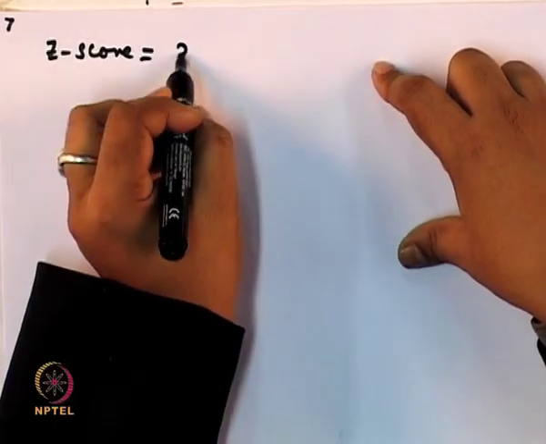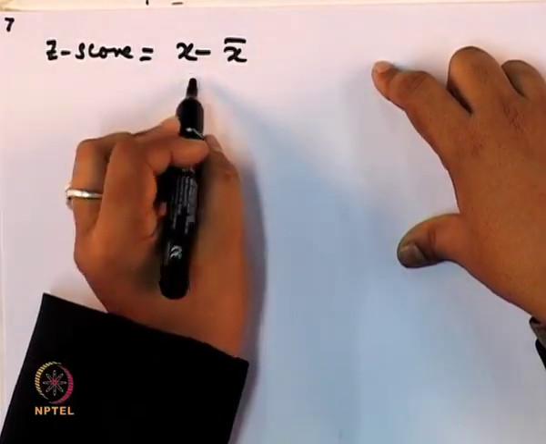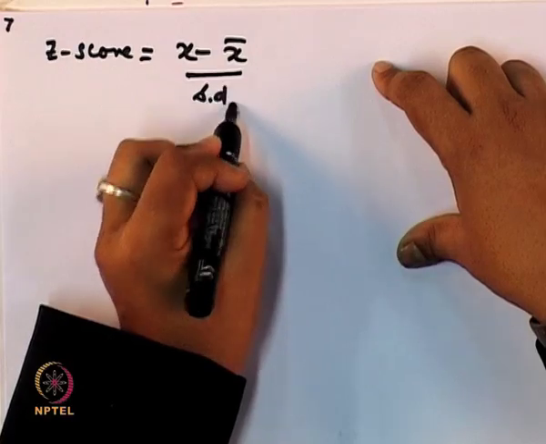One more thing which is very important is the concept of z score, or relative scoring. Imagine a class of students have taken an exam, and you always want to know how you are positioned with respect to the entire population, or how you have performed relative to how the class has performed. The z score is defined, for a given score x, as x minus x bar divided by the standard deviation, okay.